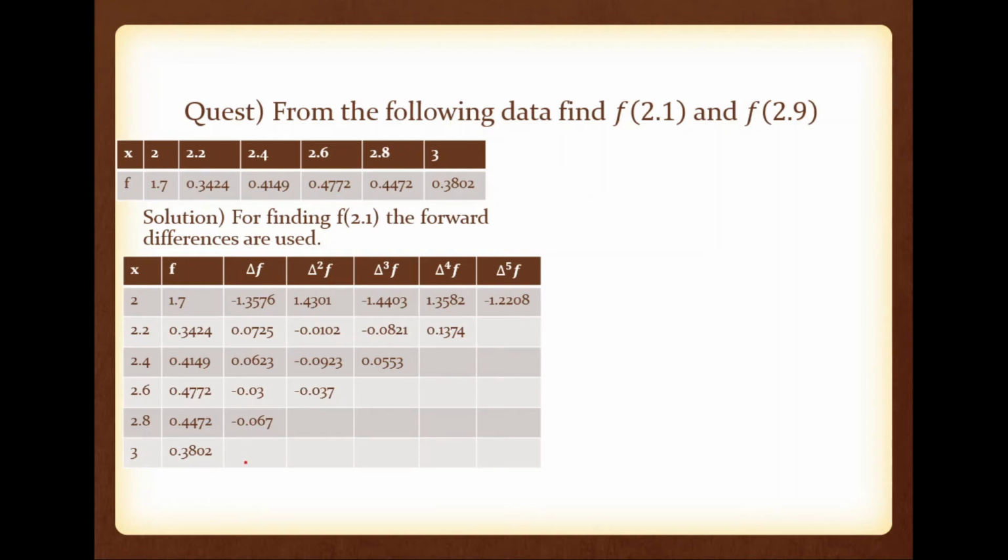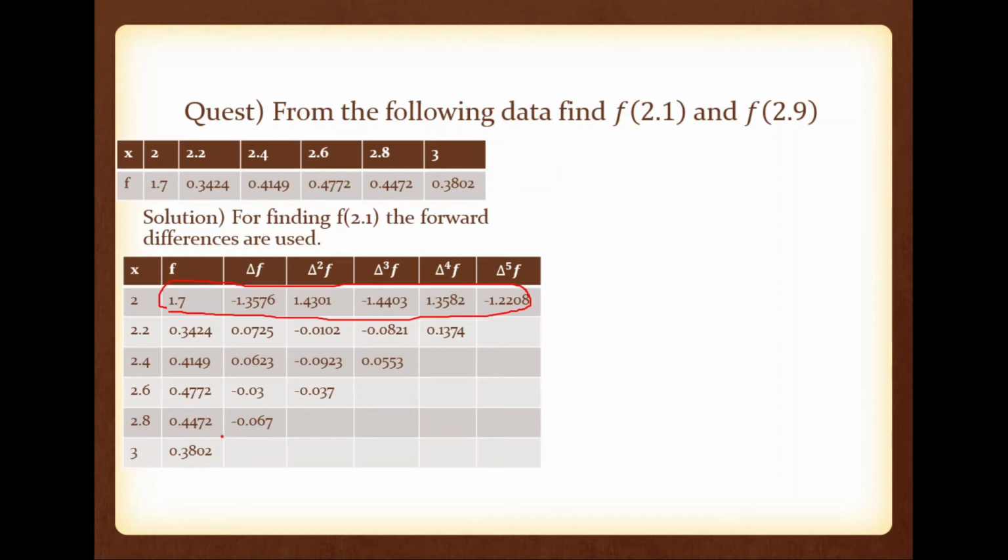So please note, in order to find the f of 2.1, we have to use the first row of this table, because this one is a finite forward difference table. In order to find the f of 2.9, you need to find the backward difference table.